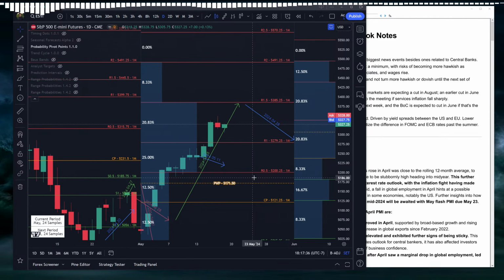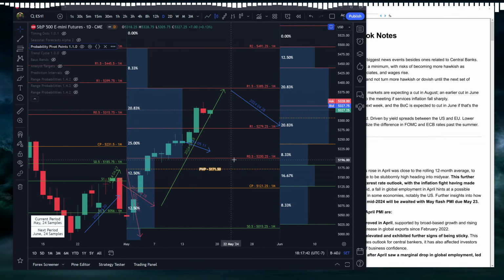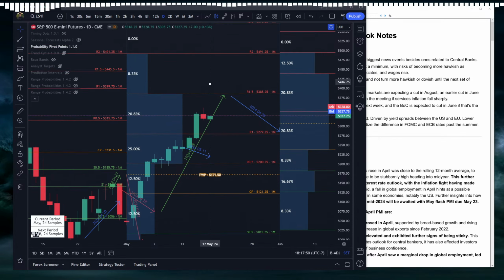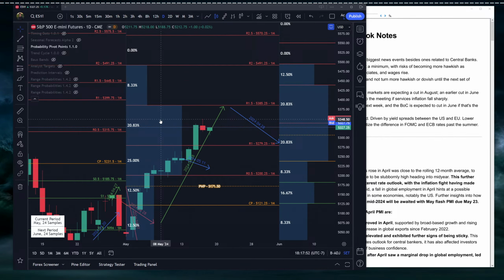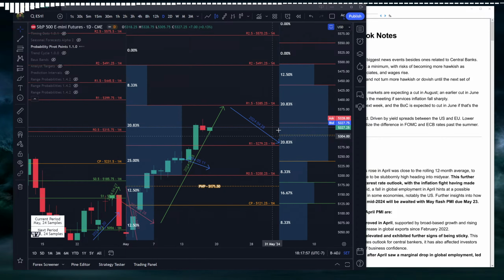Let the thing reload. So yeah, you can see why I set the closing expectations to be around this area, but this is like a 200, 180 pip window for closes on the S&P. So you got a lot of playroom here.